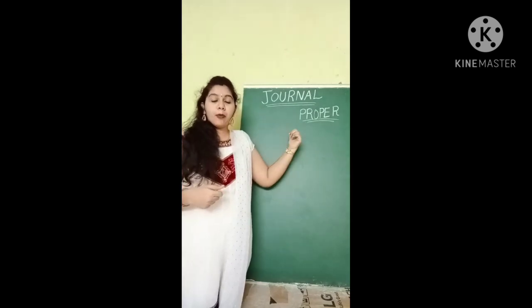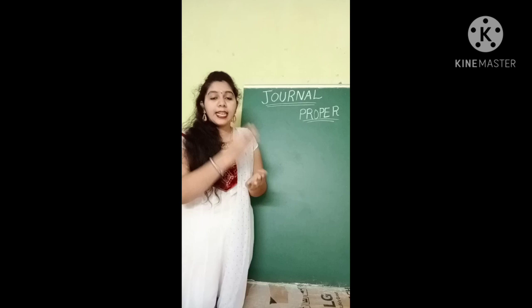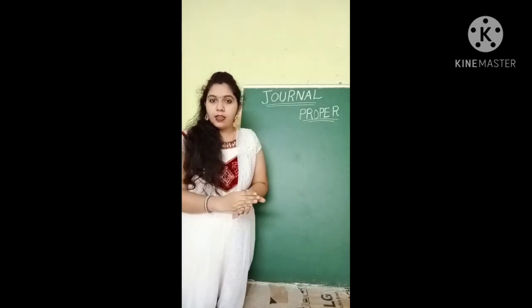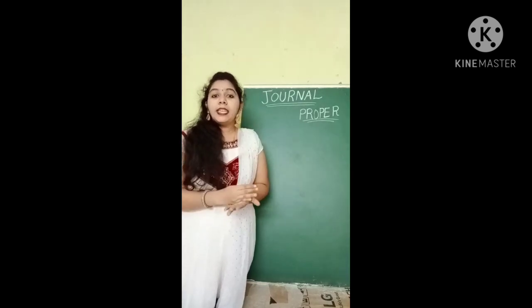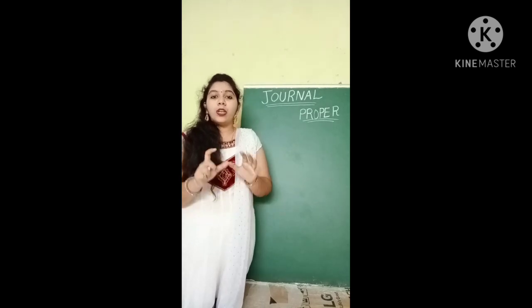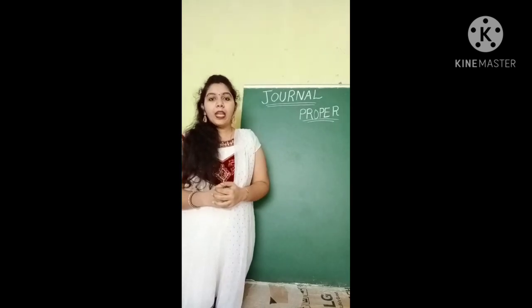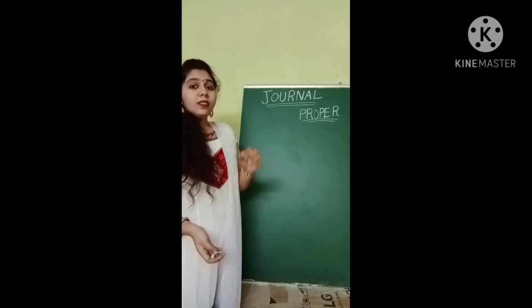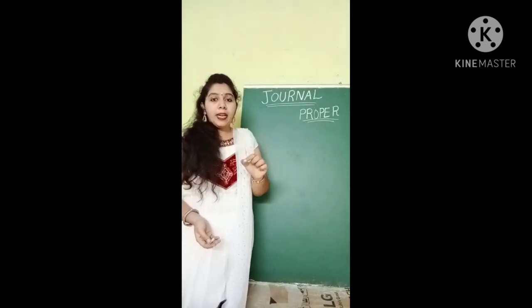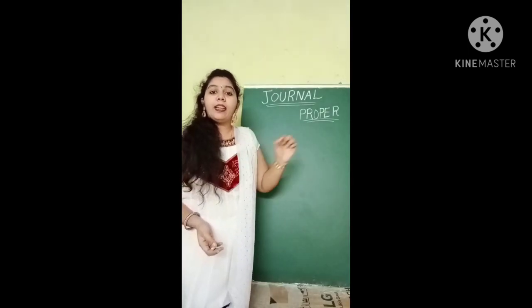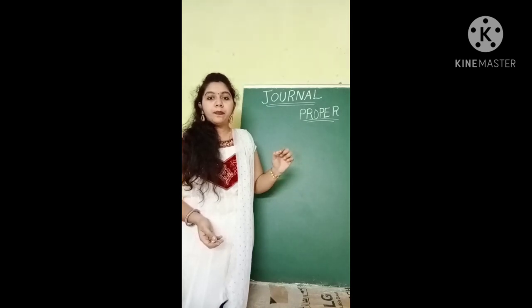Let us discuss what an asset is, how many types of assets there are, what a liability is and how many types of liabilities there are. First we have to discuss that. The assets and liabilities are very important in journal proper.